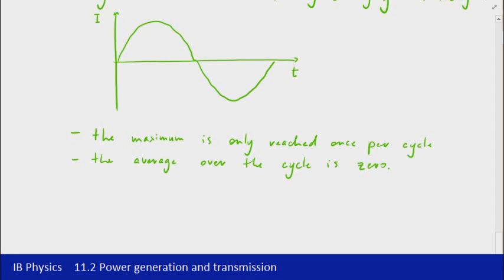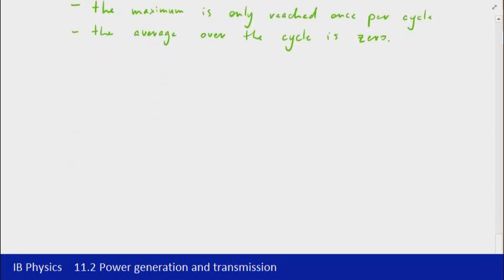So there's another way that we can do that though, and it could be a little bit tricky to make sense of, but hopefully we'll be able to step through it. In order to determine an appropriate measure, we need to use the power that's going to be produced.